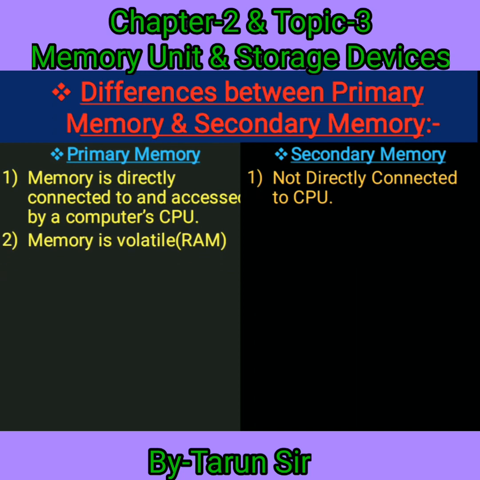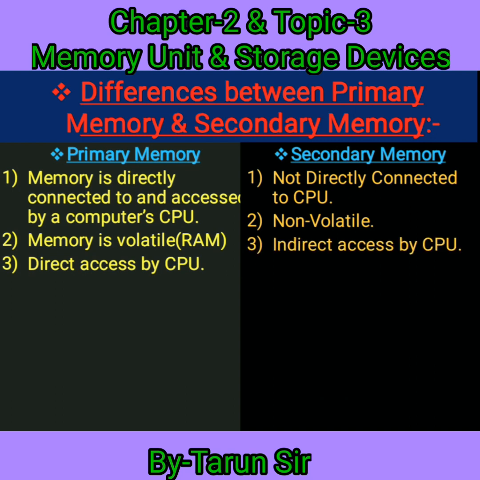Second point: primary memory is volatile; secondary memory is non-volatile. Third point: primary memory has direct access by the CPU, and secondary memory has indirect access by the CPU. Fourth point: primary memory has faster data access, and secondary memory has slower data access.